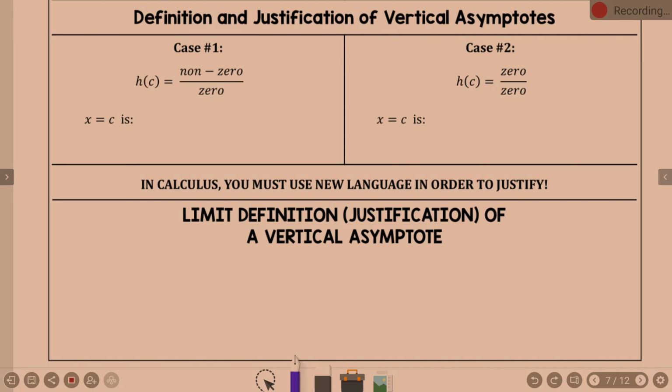Definition and justification of vertical asymptotes. So this is just going back to our 2 main types of discontinuities.